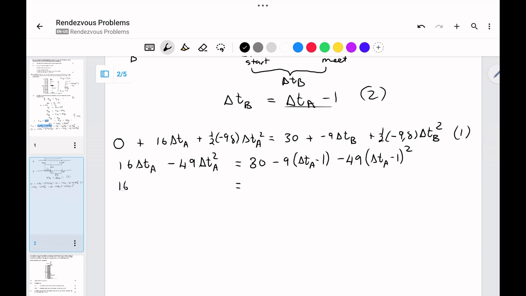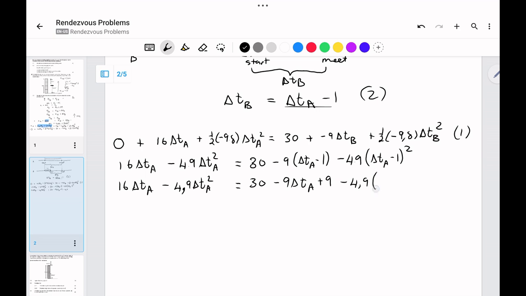I'm going to leave the left hand side alone for now, because I can see that on the right hand side there's some work to do. I can multiply the minus 9 into the bracket, and if I do that I will get minus 9 delta TA but plus 9, and I have a bracket that I need to square.